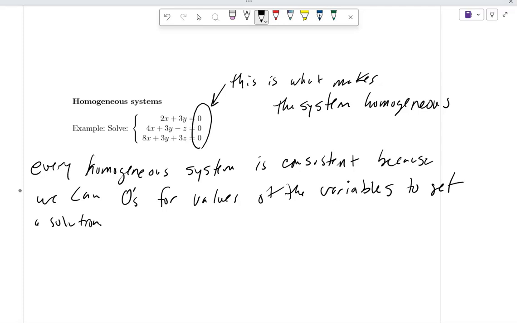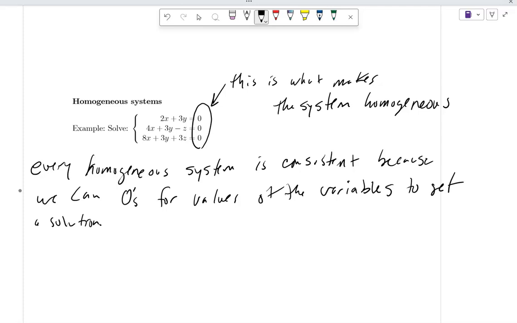So if I flip back over to GeoGebra and use our solve command again, the equations here were 2x plus 3y equals 0, 4x plus 3y minus z equals 0, and 8x plus 3y plus 3z equals 0. And the variables were again x, y, z. I get 0, 0, 0. So I only get the trivial solution in this case.